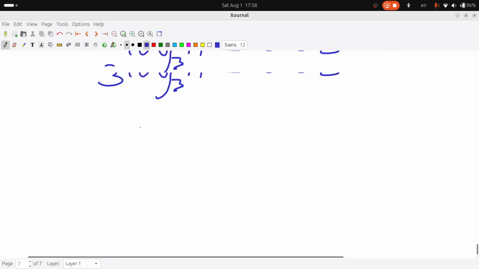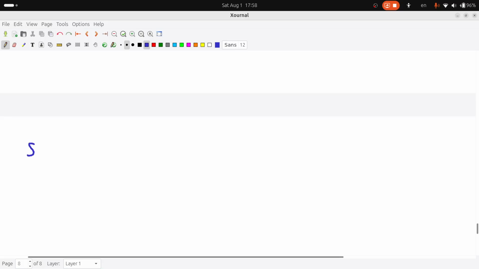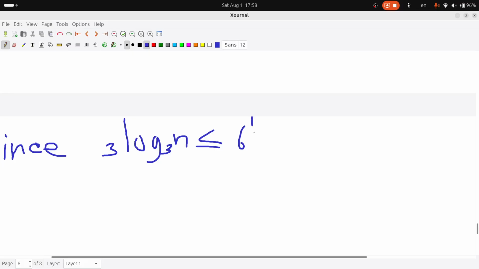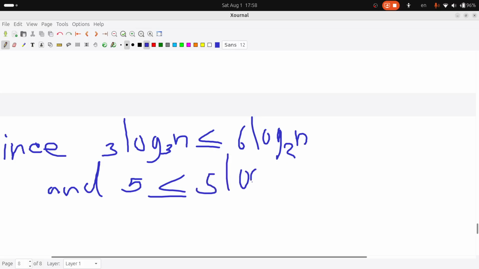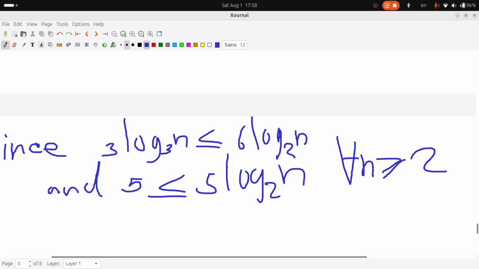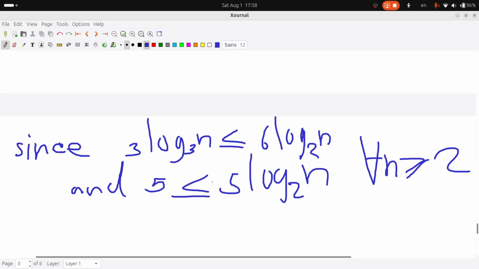And the next thing we can say is that since 3 log n base 3 is less than or equal to 6 log n base 2, and 5 is less than or equal to 5 times log n base 2 for all n greater than or equal to 2, then we have two inequalities with the same sign, less than or equal to.